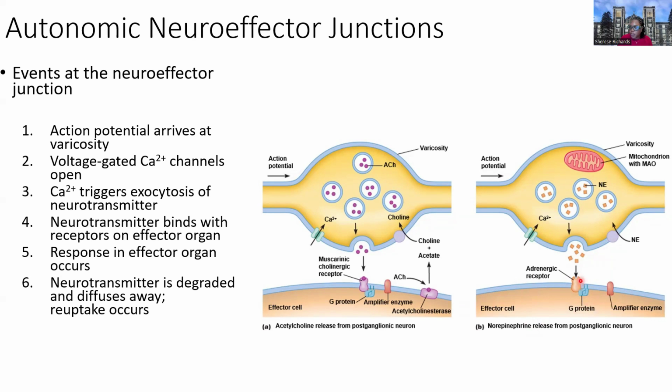And then the options for clearing the junction here are going to be a little bit different, because we can repackage these into vesicles, but the mitochondria here is just indicating that because it's a different neurotransmitter, it's going to be made differently than acetylcholine. It's actually going to be made by monoamine oxidase. Monoamine oxidase in the mitochondria is responsible for making norepinephrine. And so that's another sort of fundamental difference across these two neurons.